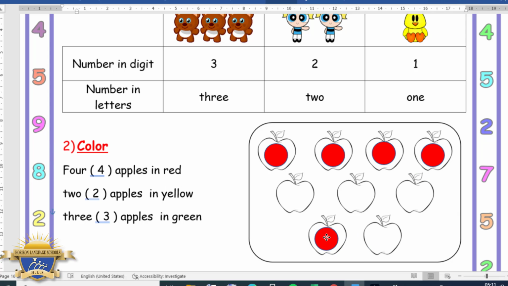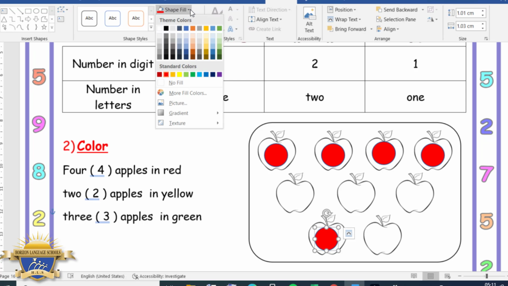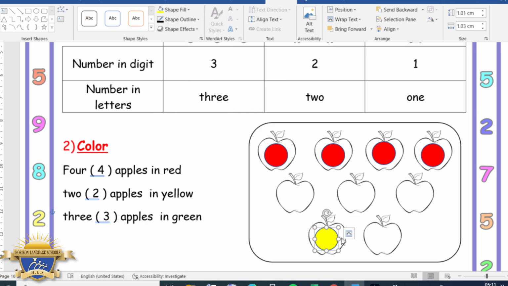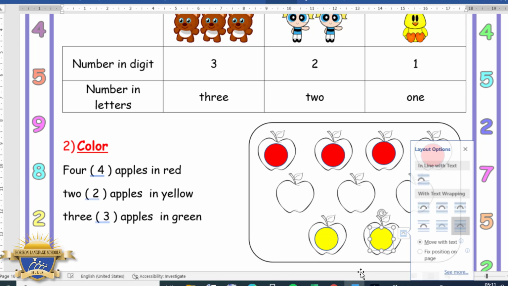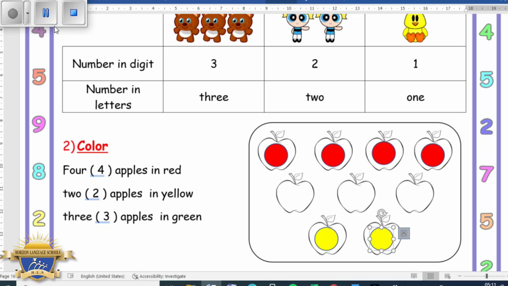We want to make 2 apples in yellow. So we'll make 2 apples in yellow. Here is 1 and here is 2. Now I want to make 3 apples in green.